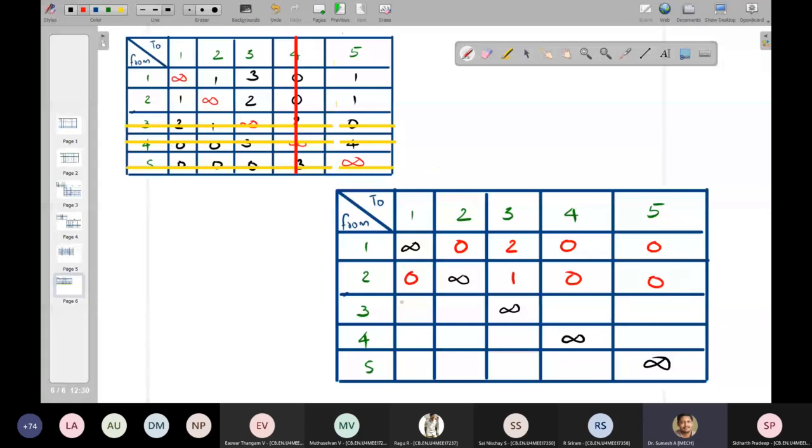So in the junction what we have to do? We have to add, so that will become 3. This is 0. Fourth one, it is 0, 0, 3, infinite, and it is 4. Next one also it is 0, 0, 0, 4 and infinite.